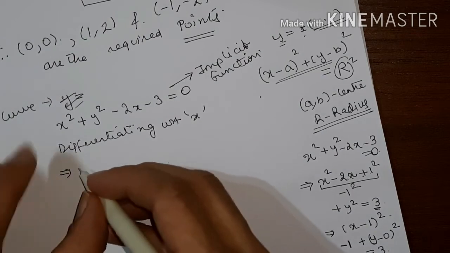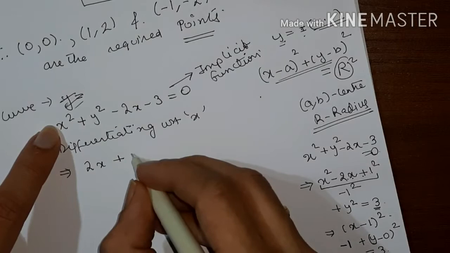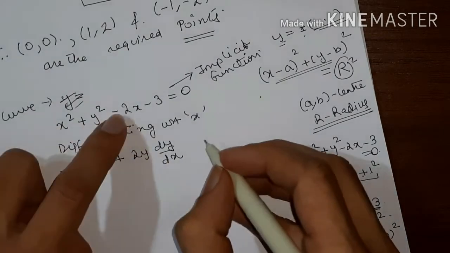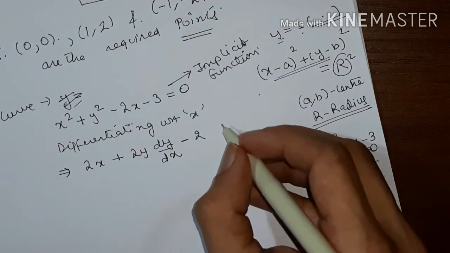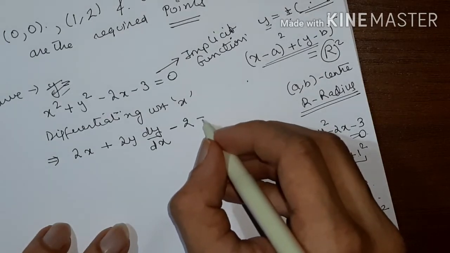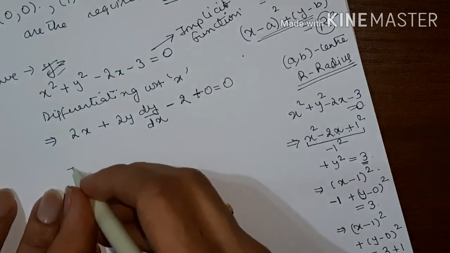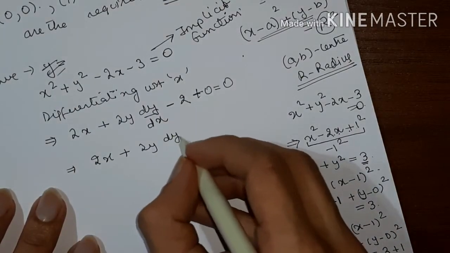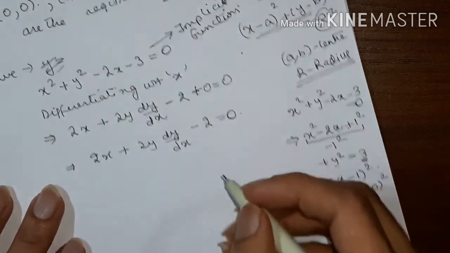So what we get: differentiation of x square is 2x, plus differentiation of y square is 2y dy by dx. Then differentiation of minus 2x is minus 2, and differentiation of minus 3 is 0, so plus 0 equal to 0. So what you will get is 2x plus 2y dy by dx minus 2 equal to 0.